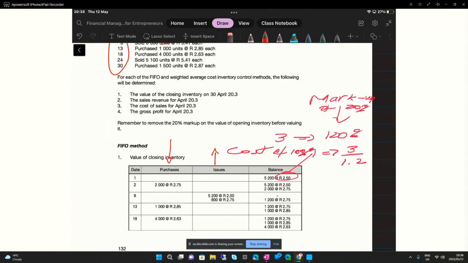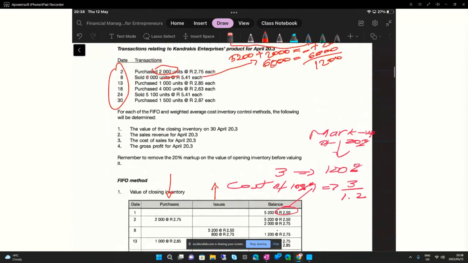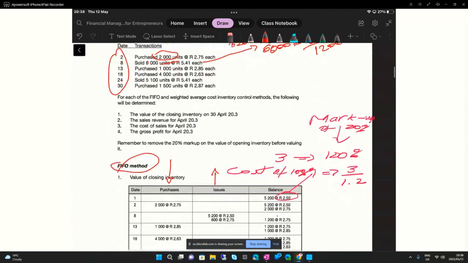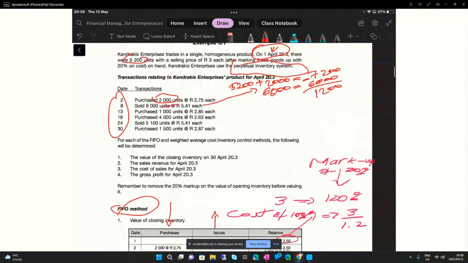But with something like the FIFO method, remember what is being asked is the FIFO method on a perpetual inventory system. A perpetual inventory system, as you understand by the name itself, is perpetual. It's all the time, right? Which is different from a periodical inventory system.